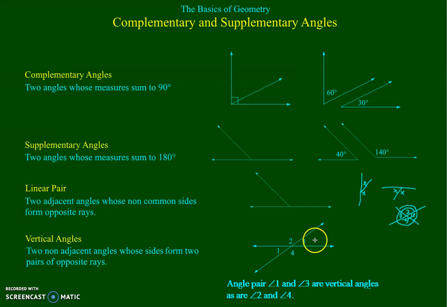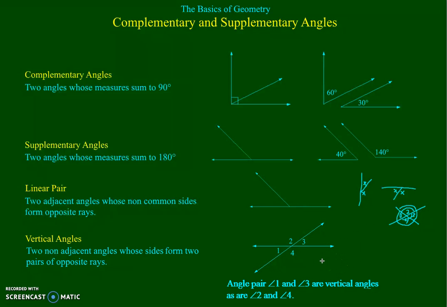You have a vertical angle pair. Angle 1 and angle 3 are vertical angles. Angle 2 and angle 4 are vertical angles. Here, the same thing. Angles 1 and 2 were a linear pair, 2 and 3 were a linear pair, 3 and 4, and 1 and 4. But angle 1 and 3 are vertical angles, and 2 and 4 are vertical angles.